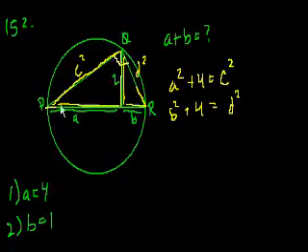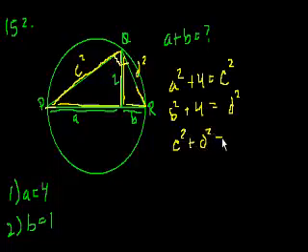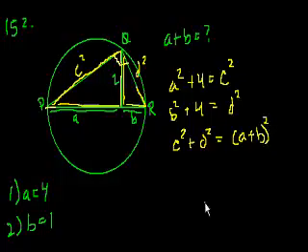Now, if we look at the larger triangle, which we also know is a right triangle, c and d are the non-hypotenuse sides, and a plus b is the hypotenuse. So we know that c squared plus d squared is equal to this entire side squared, which is a plus b squared.